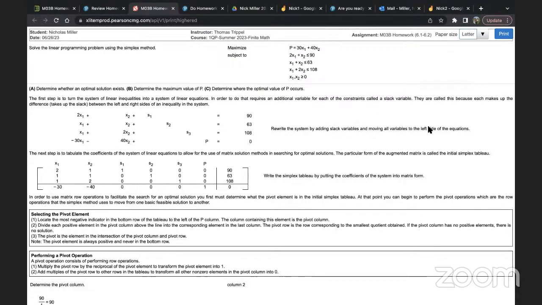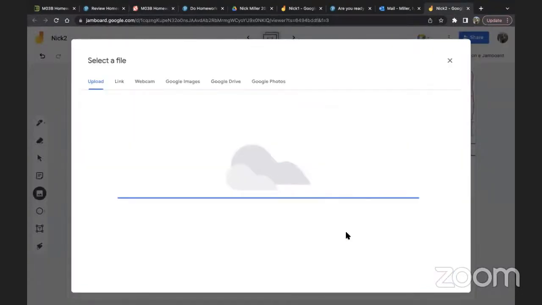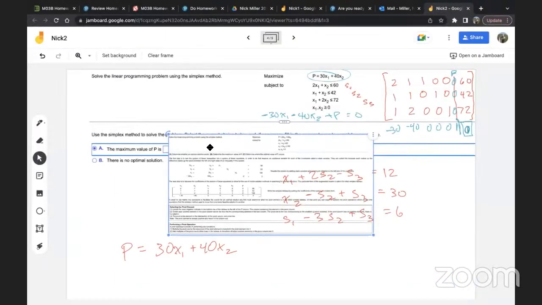I can just screenshot it in. Yeah, maybe it's easier for you to do it. Here, I'm just gonna go to the Jamboard and keep adding some pages so you can just pop it in different pages.